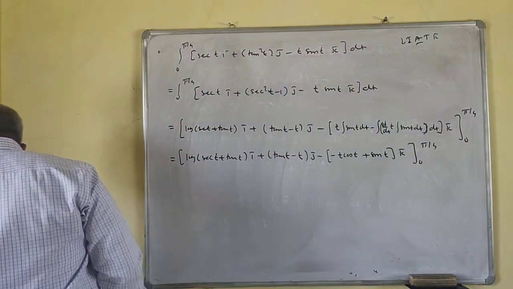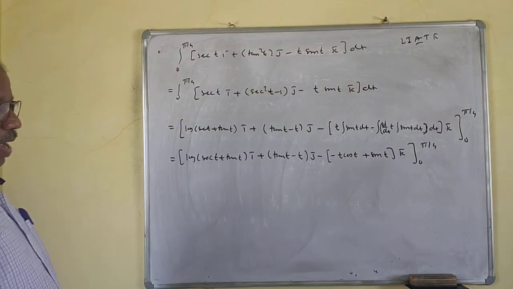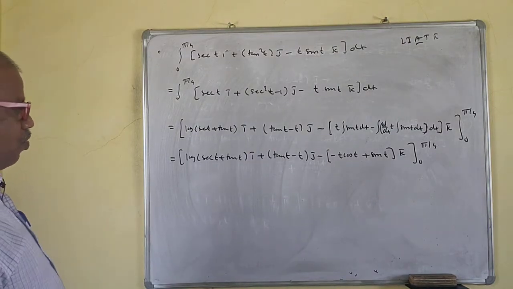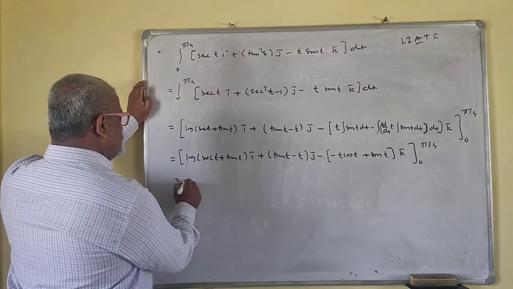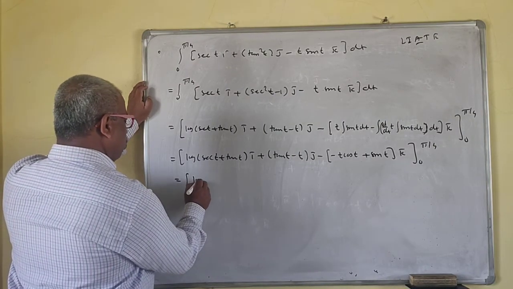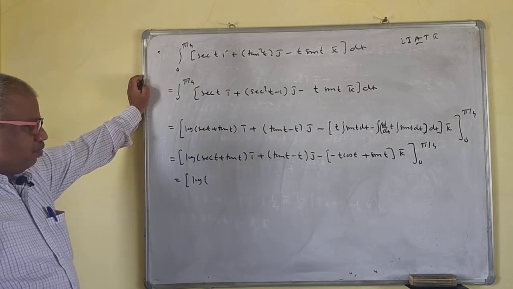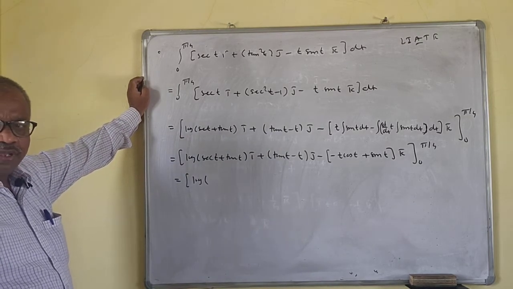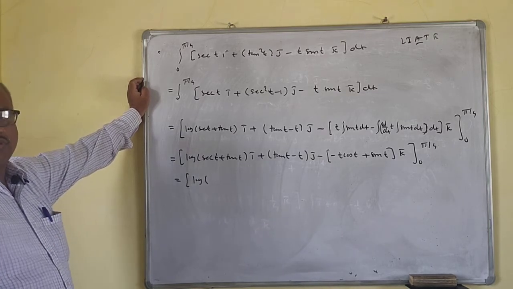Okay, so now we'll put pi by 4 and then we'll put 0. So first we'll put pi by 4. Log of sec pi by 4 means cos pi by 4. Cos pi by 4 is 1 by root 2, so sec pi by 4 is root 2, the reciprocal of that.